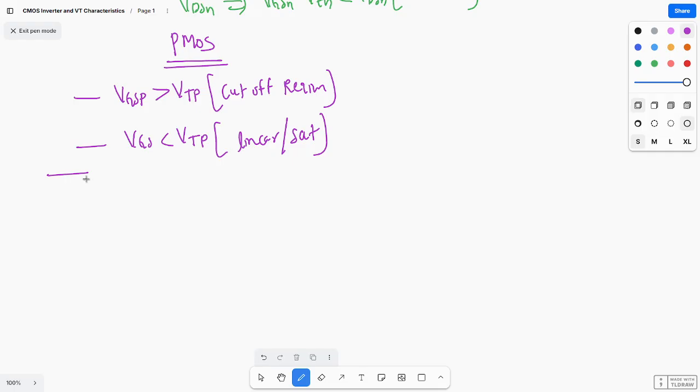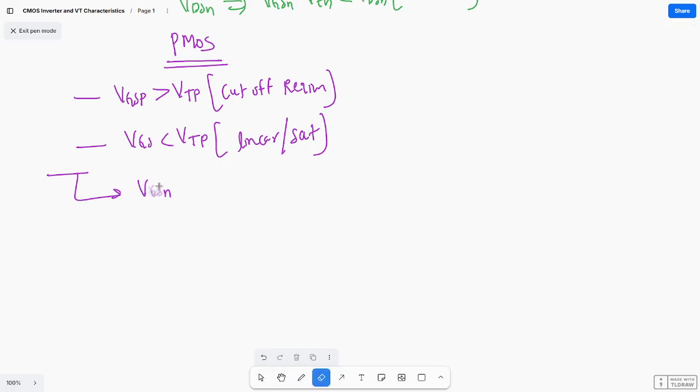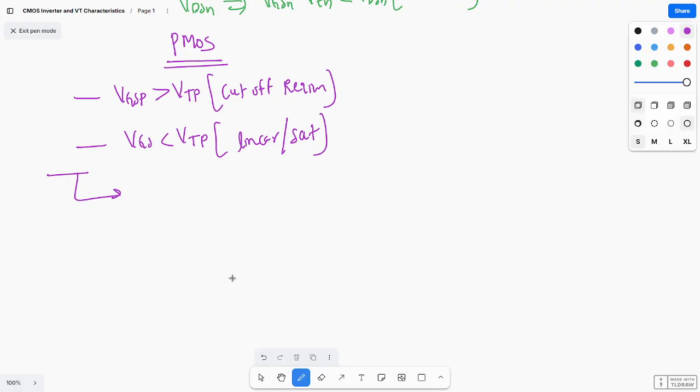We already seen that when VDSP is greater than VGSP minus VTP, then which region? Linear region, no?